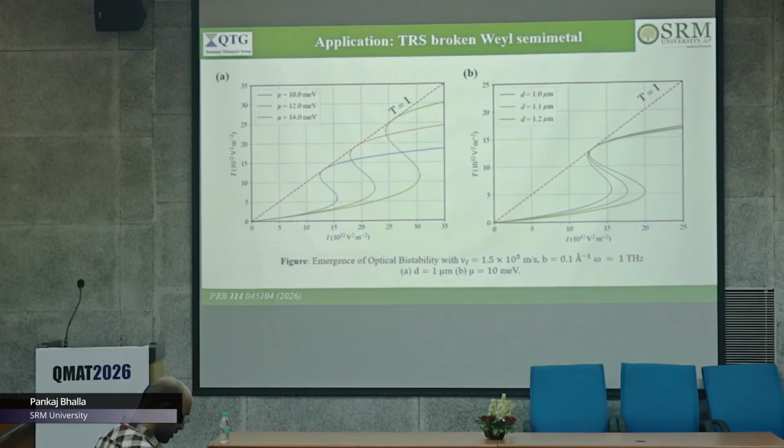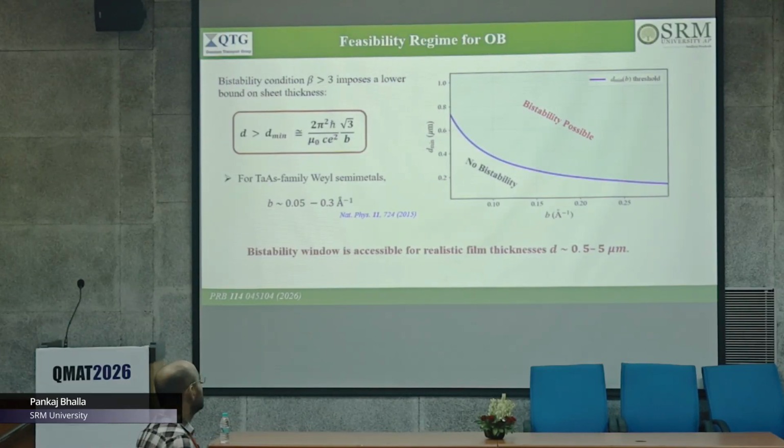Now, what is the feasible region in which one can observe this optical bistability phenomenon? Based on the condition beta greater than 3, one can impose a lower bound on the thickness, which here we have put for the Weyl case only. One can see that depending on this relation, within this range the bistability is possible.